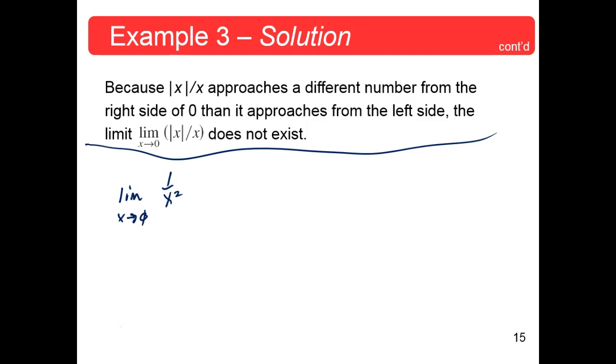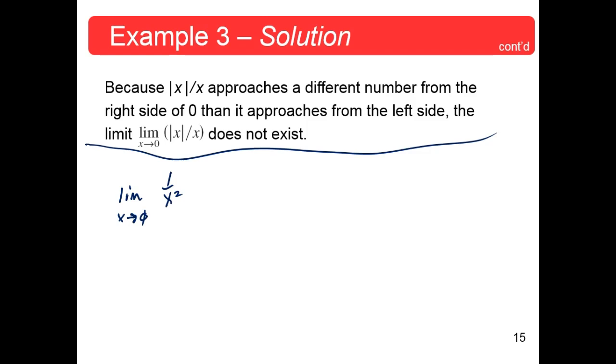Is this one of those forms? No. What kind of form is this? Something other than 0 over 0. And what's always the answer on that? Undefined. No way you can do it.